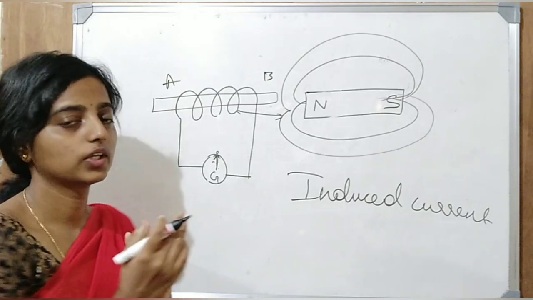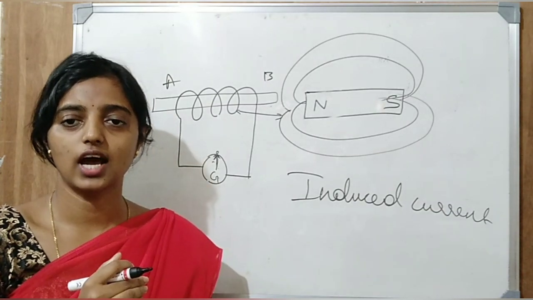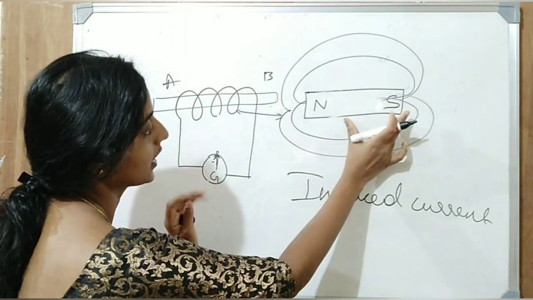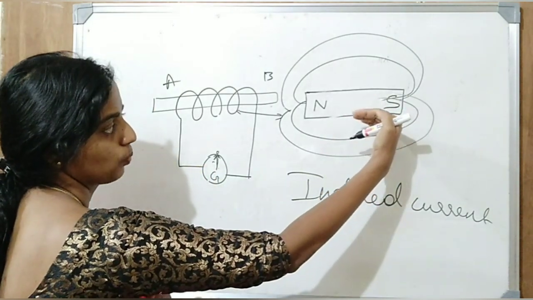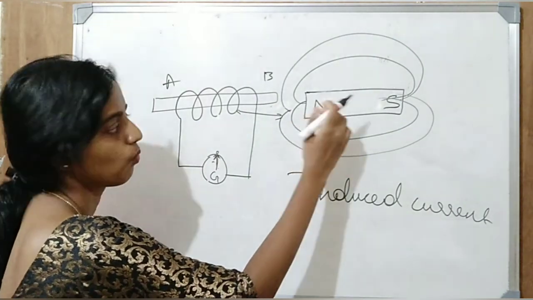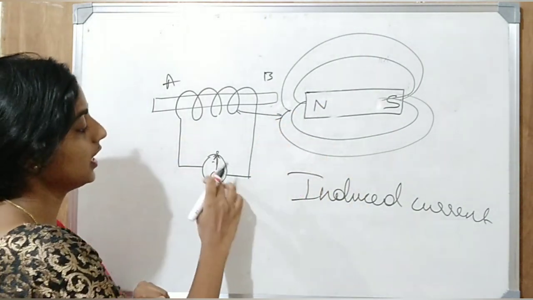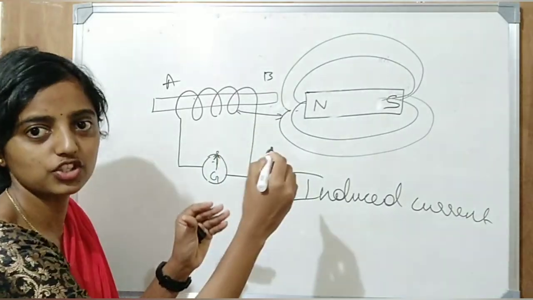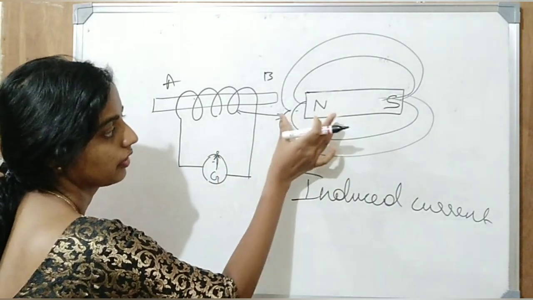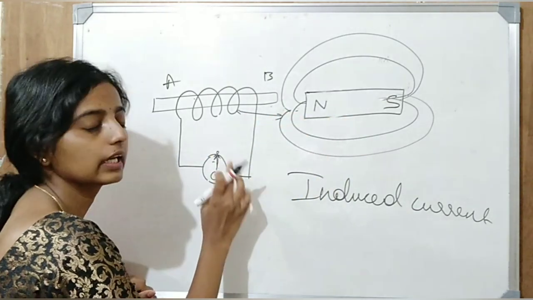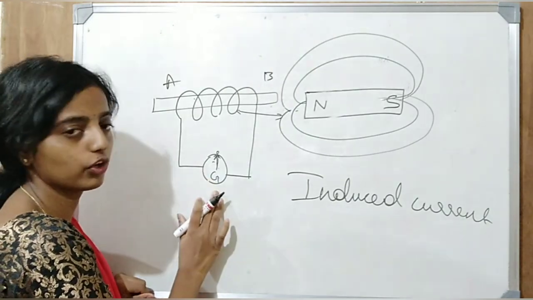In this activity, what type of question will arise? When this magnet started to move towards the coil, with the north pole facing it, we get a deflection. Just imagine how I'm telling: when we moved towards the coil, we got a momentary deflection in the galvanometer.